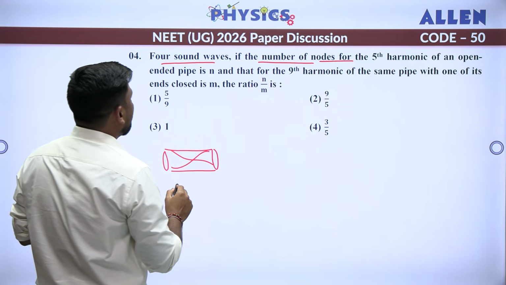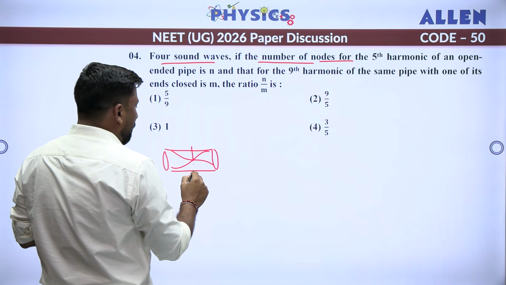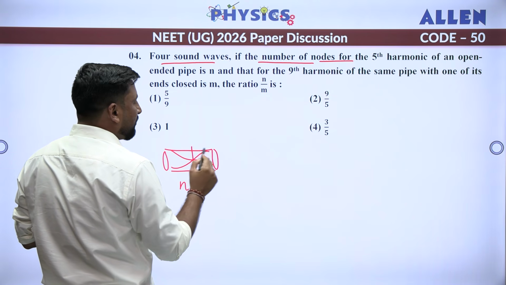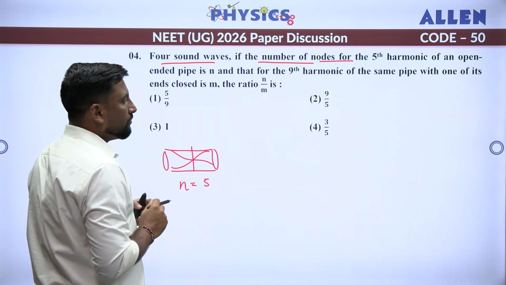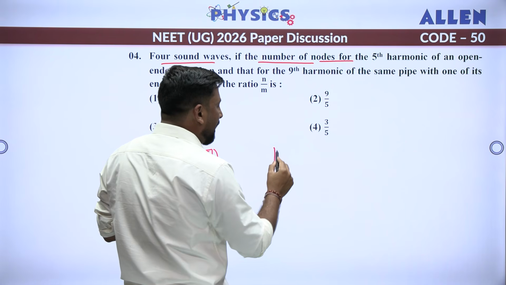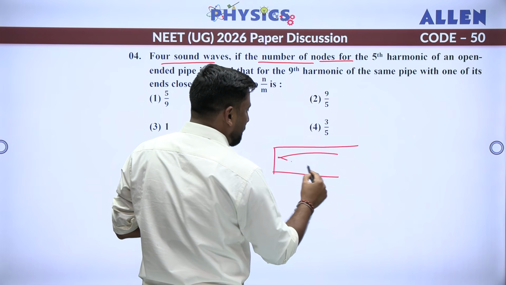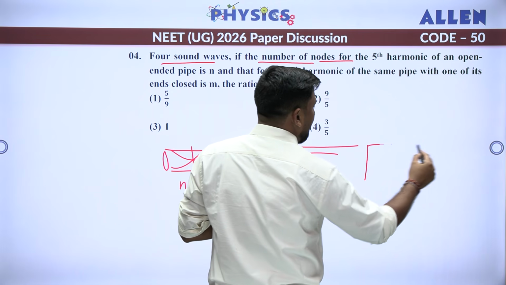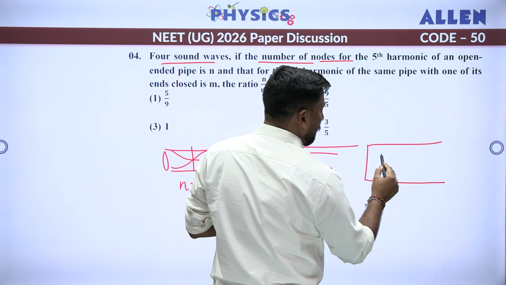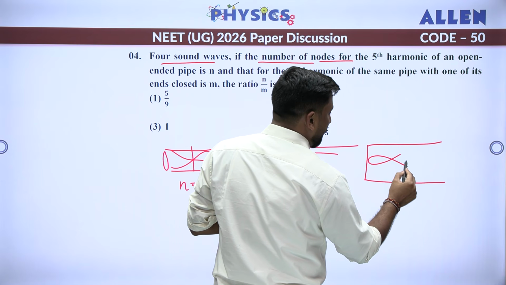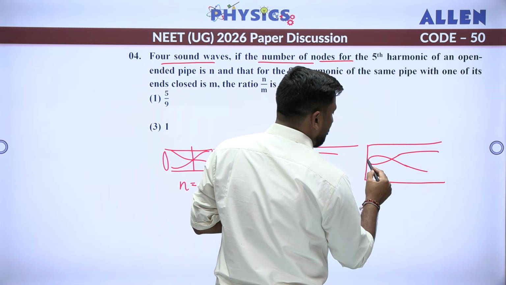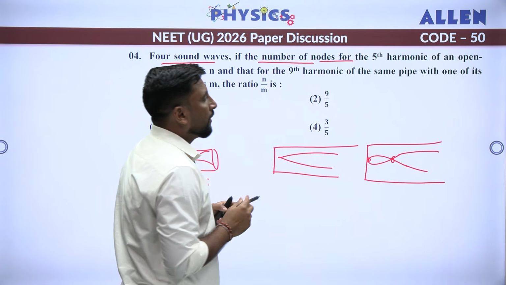So the number of nodes in the fifth harmonic will be 5. But whenever we are talking about a closed organ pipe, in the first harmonic it is one node, and in the third harmonic it is going to be like this, so you are going to get 2 nodes.